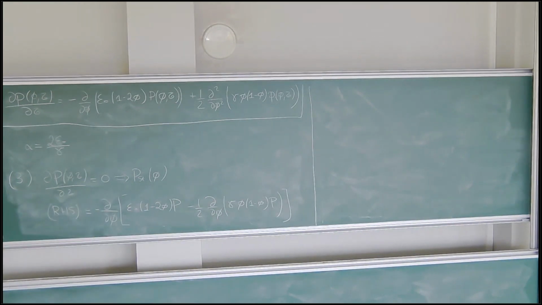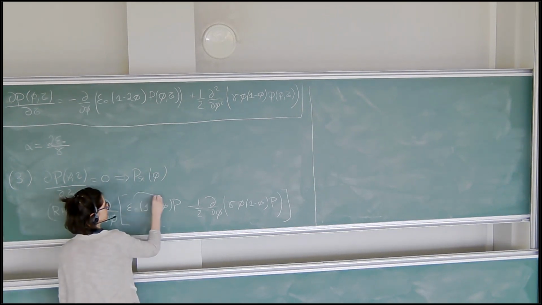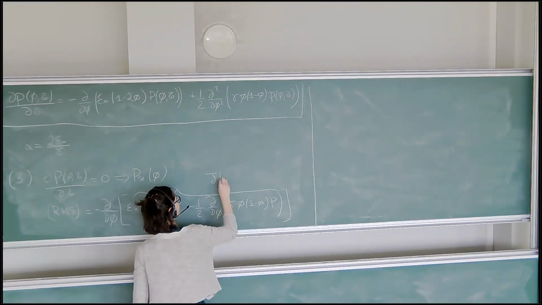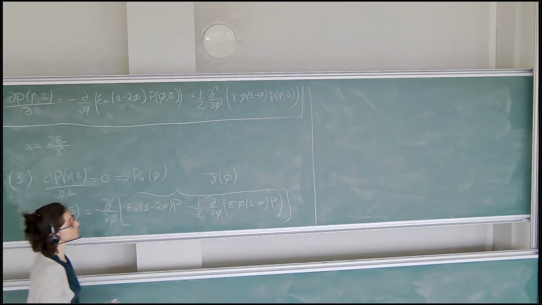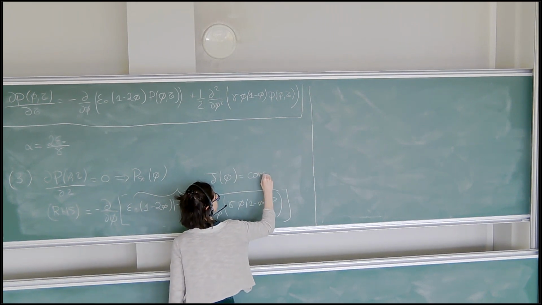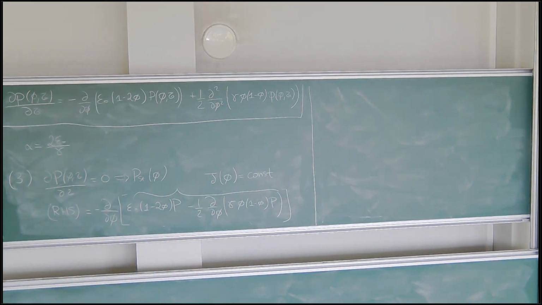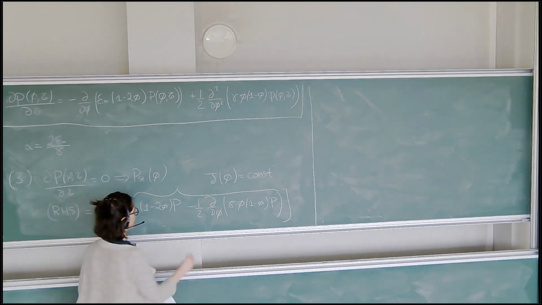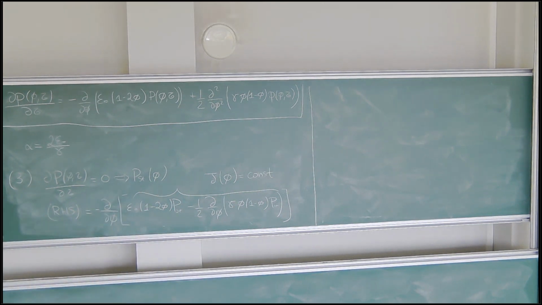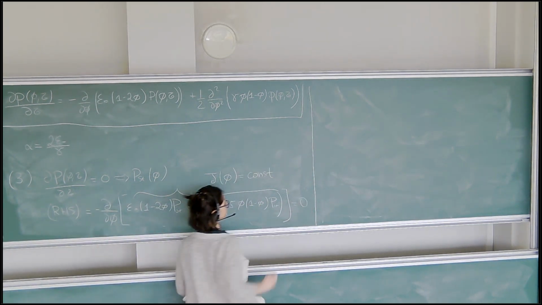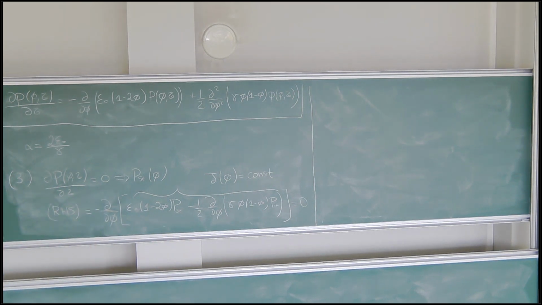If I set the left-hand side to 0, then I'm saying that whatever is in parentheses, which just depends on phi, has a derivative with respect to phi equal to 0, so this quantity has to be equal to a constant when I evaluate it at the stationary distribution. Now, what is this constant?